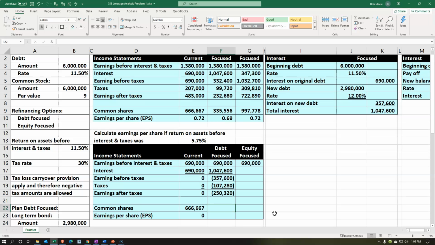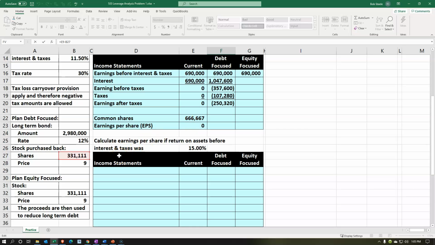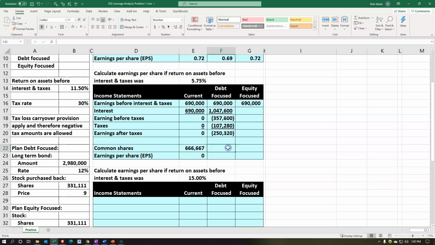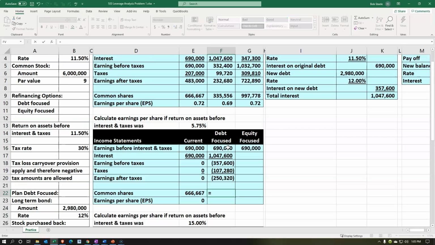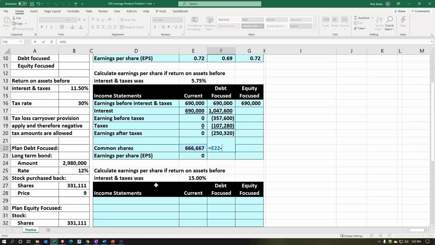Okay, so then if we take a look at the number of shares, we use that number to pay off the shares. So you'll recall that we did this calculation up top. We had the prior shares, and then we bought back the 331,111 shares. So we can do that calculation here. This is the number of shares we had before, which was the 66,667 minus what we're going to buy back with this money we got from the loan.